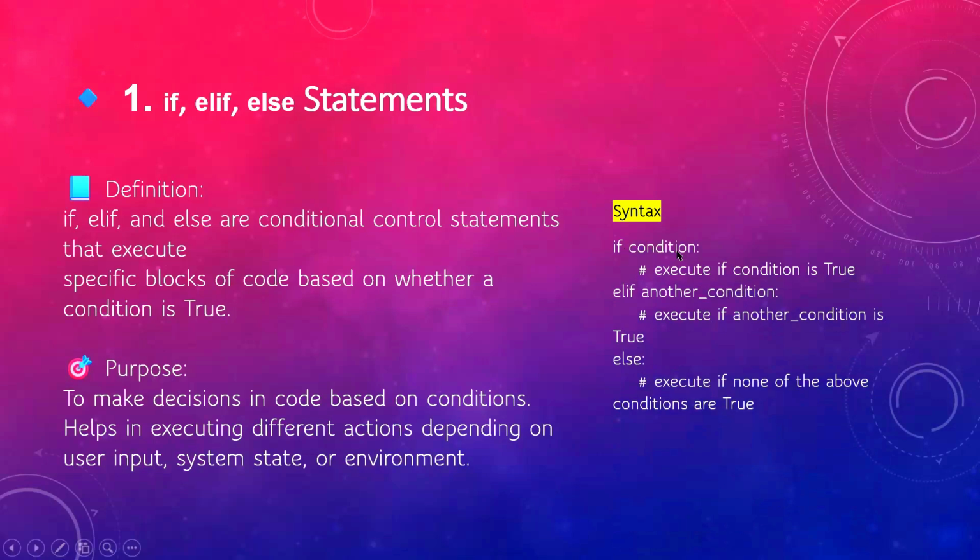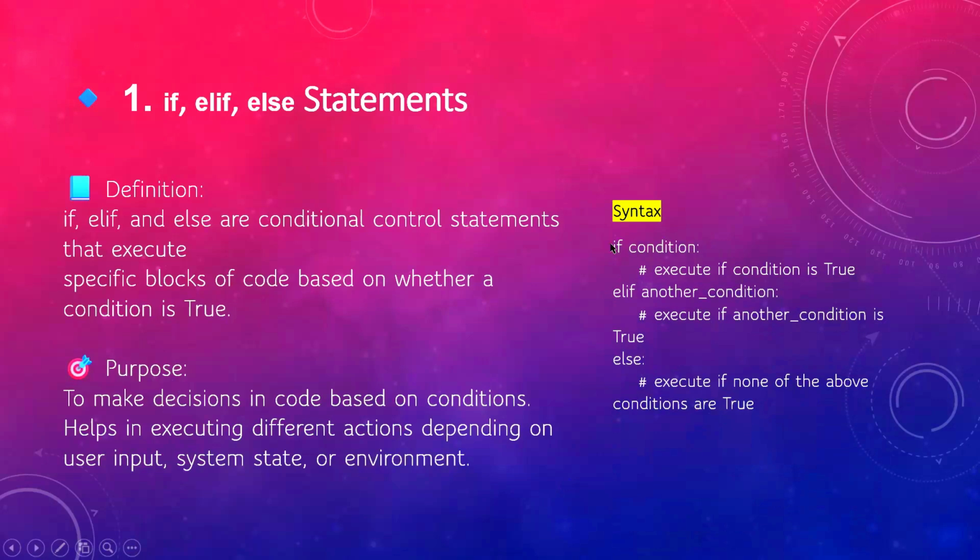There is an if condition colon. If this condition is true, that means the condition is matching, then whatever code you define in the if condition is going to execute. It is going to execute if this condition is true.